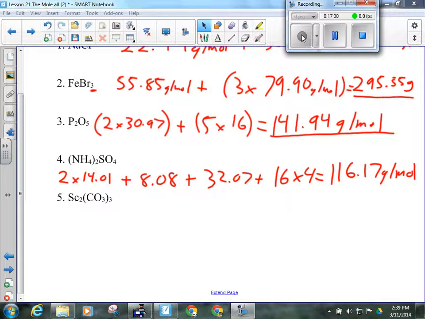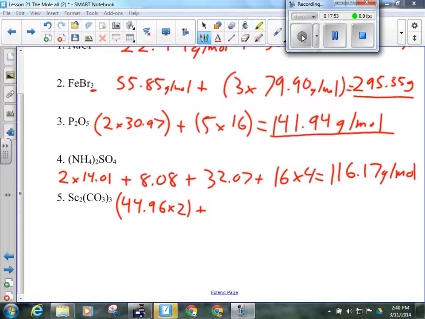Okay, so let's look at the last one here. We've got scandium carbonate. Okay, and we've got 2 scandiums, and it's what, 44 point something? 44.96. Okay, and there are 2 of them, so we multiply it by 2. Then we add that to our carbonates.